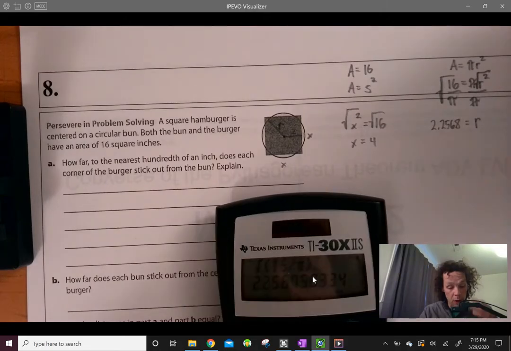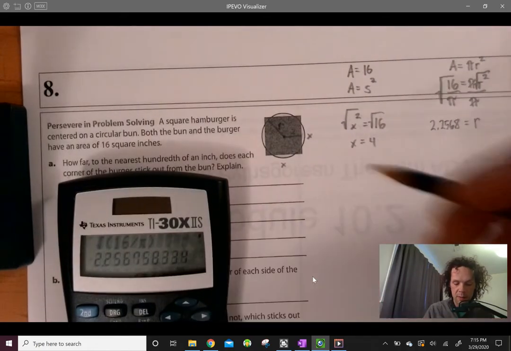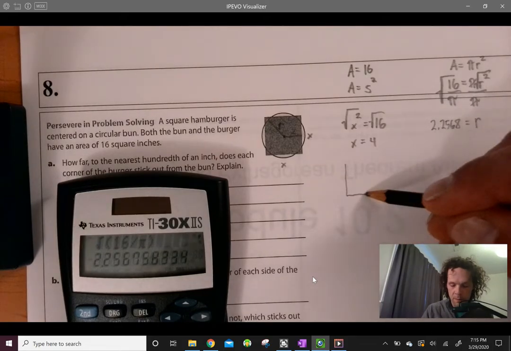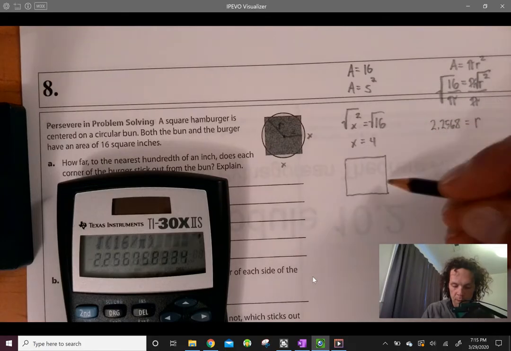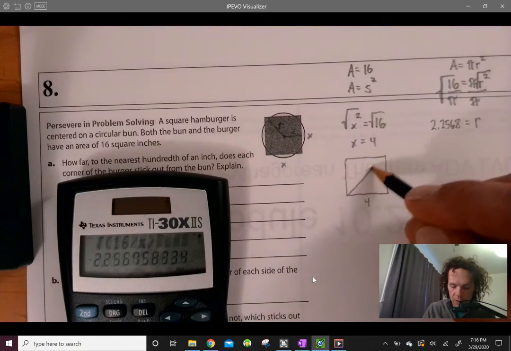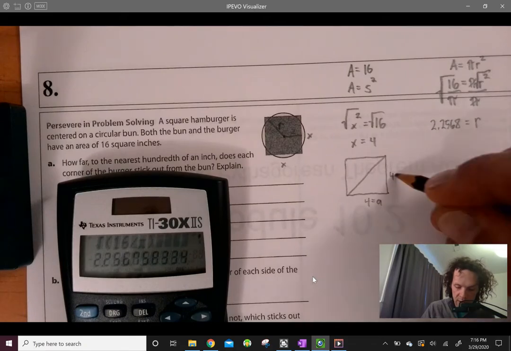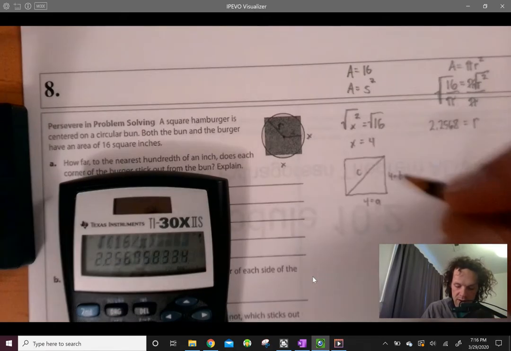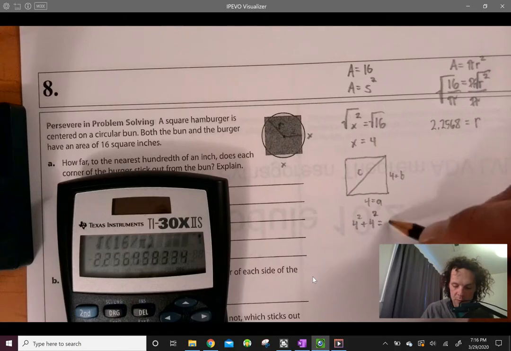Does the burger stick out from the bun? Okay, so to find that, I need to take my square, which I know is 4 by 4, and find the length of that diagonal. So this is A, this is B, and this is C. So 4 squared plus 4 squared equals C squared.